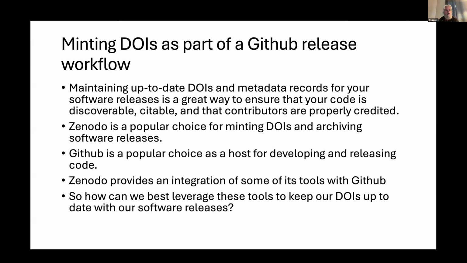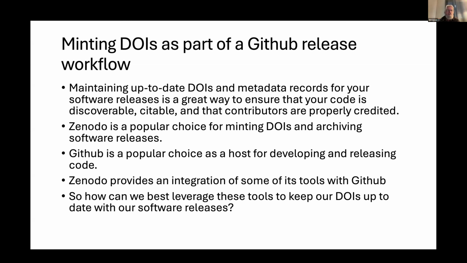Zenodo is one popular choice for minting DOIs and hosting the archives of your software releases. And of course, most of us are familiar with GitHub as a source management platform.